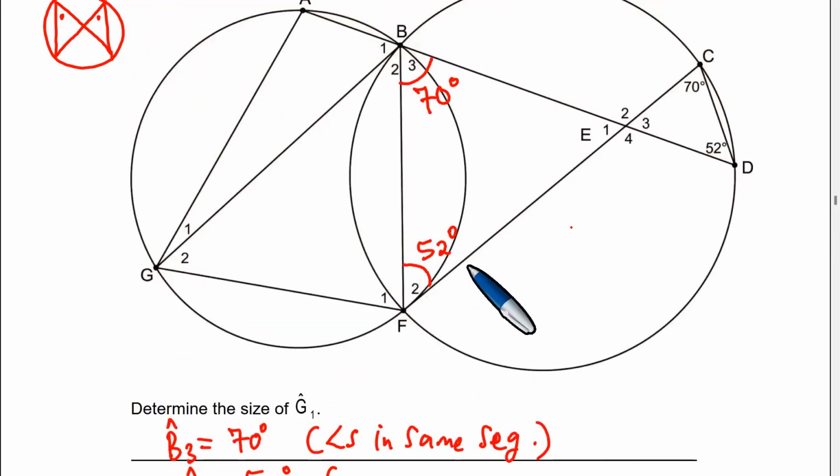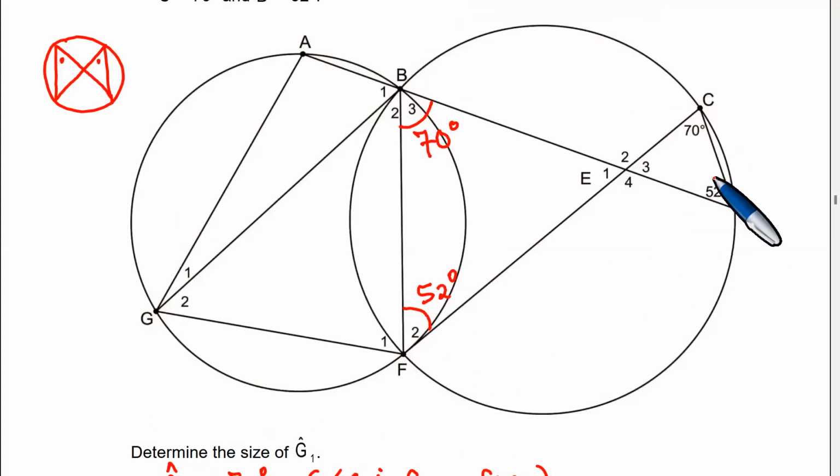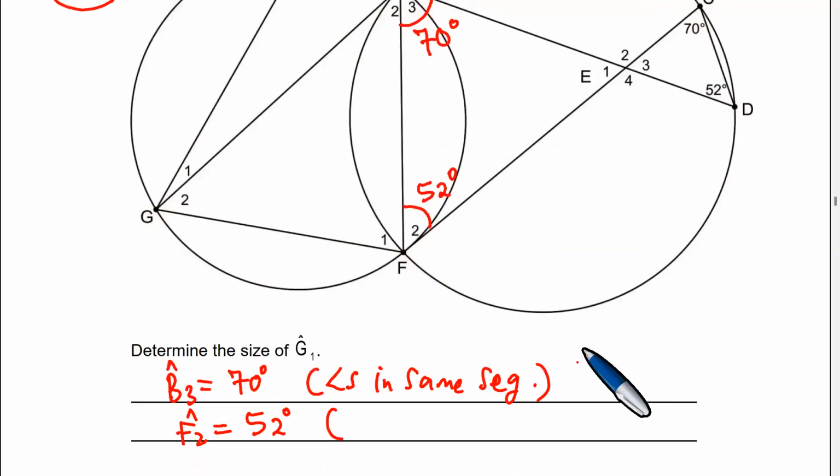Because F2 is equal to the angle D, and they are angles in the same segment, because these points F and D lie on the circumference of the circle. So these are angles in the same segment.